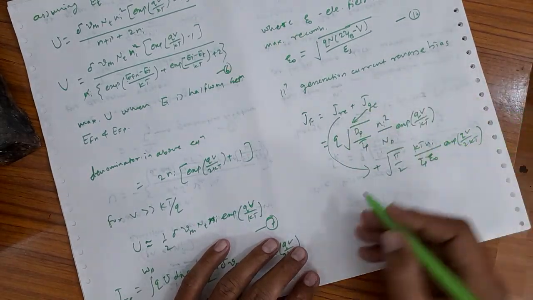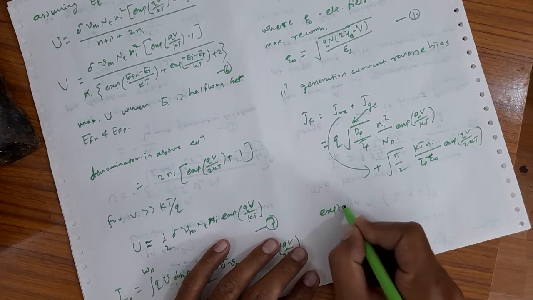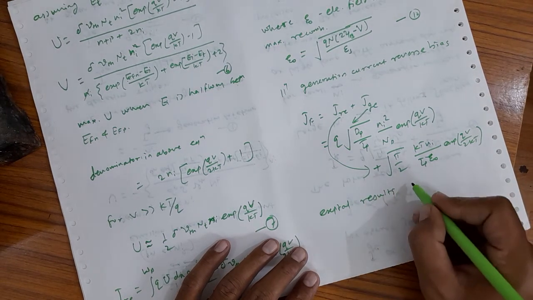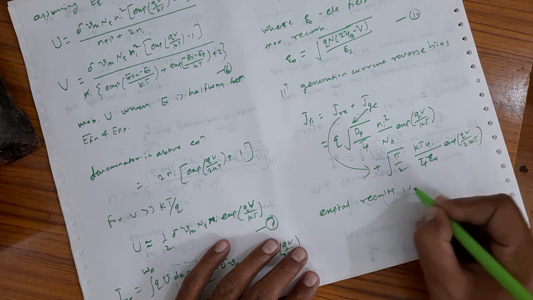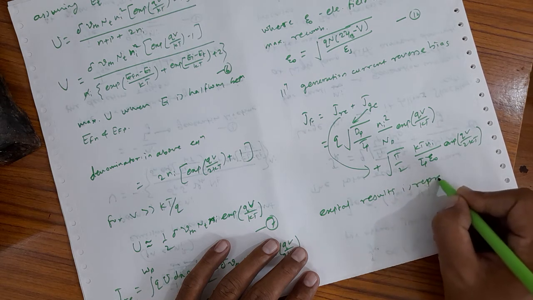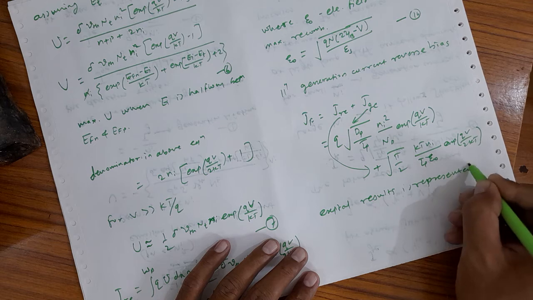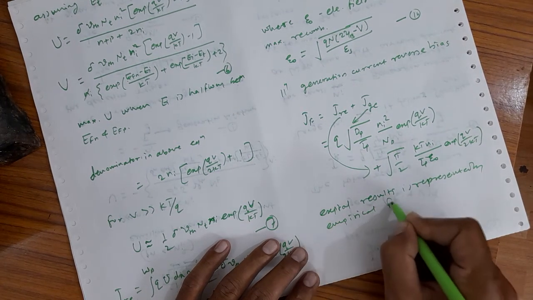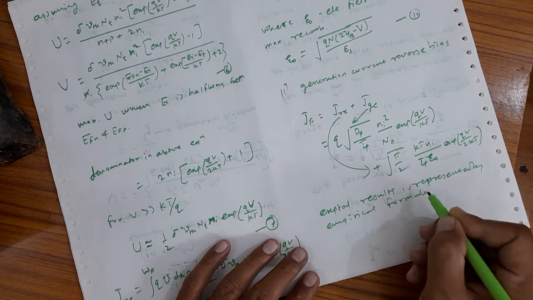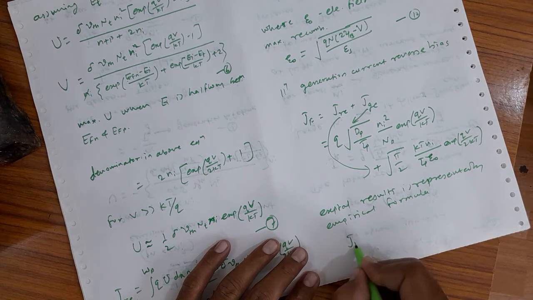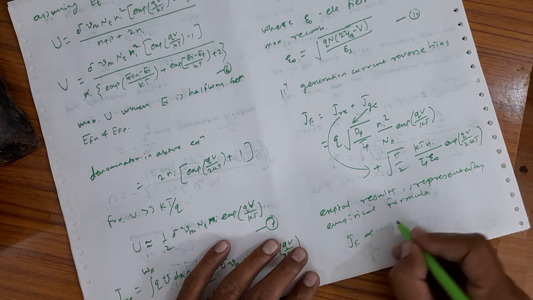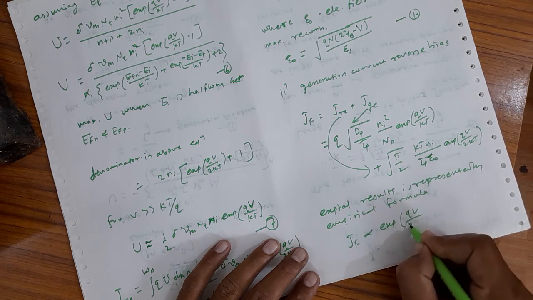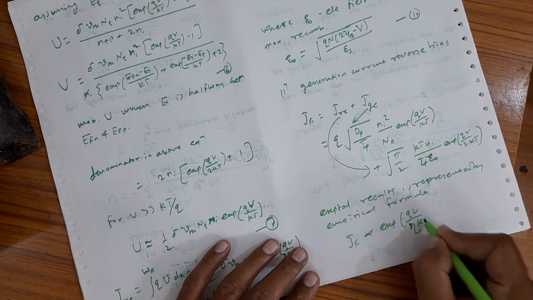If we look at the experimental results, they are represented by an empirical formula: Jf is proportional to the exponential of qV by eta kT.